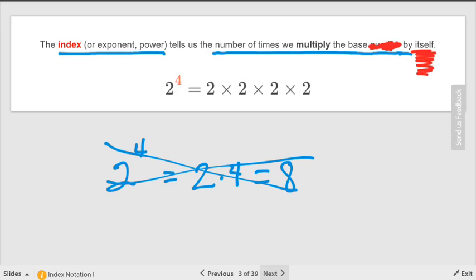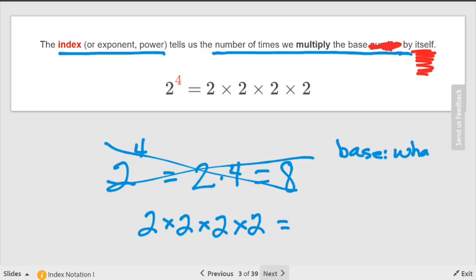Never means that. 2 to the 4th power means 2 multiplied times itself, how many times? 4 times. It means you're doing repeated multiplication. The base tells you what you're multiplying. Okay? So the base tells you what you are multiplying.